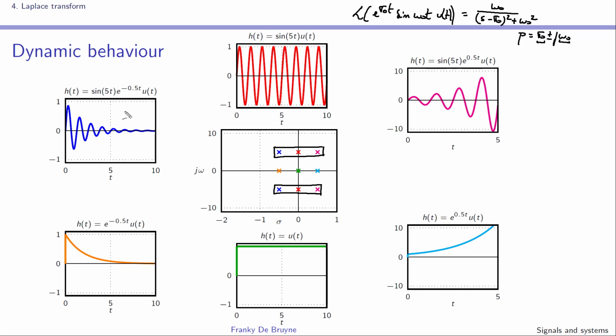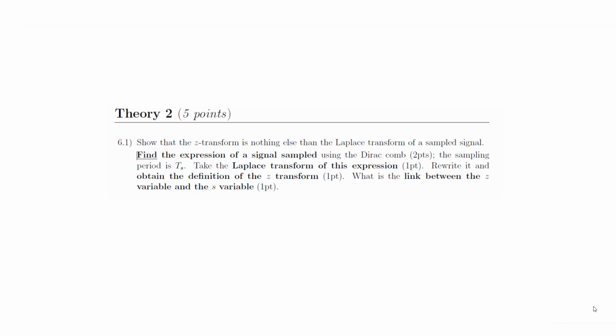Well, let us now have a look at the final theory question 2, and this question is about the z transform. You have to show that it is nothing else than the Laplace transform of a sampled signal. So the first thing to do is to find the expression of a signal that has been sampled using the Dirac comb, and you assume that the sampling period is Ts, right?